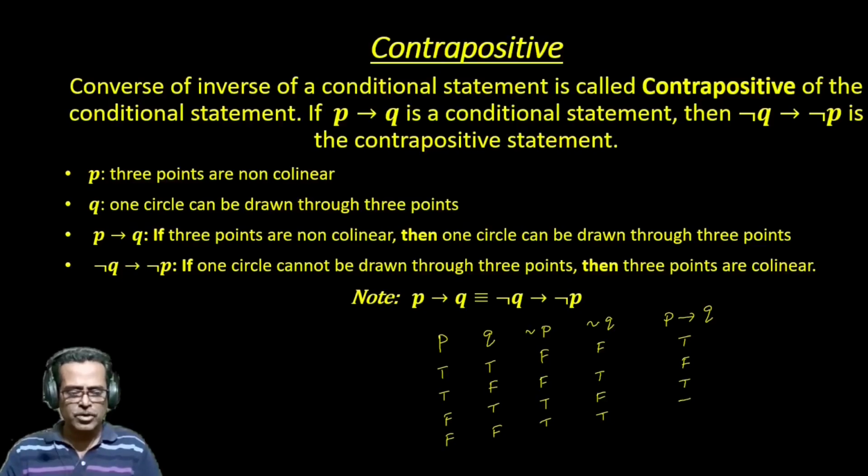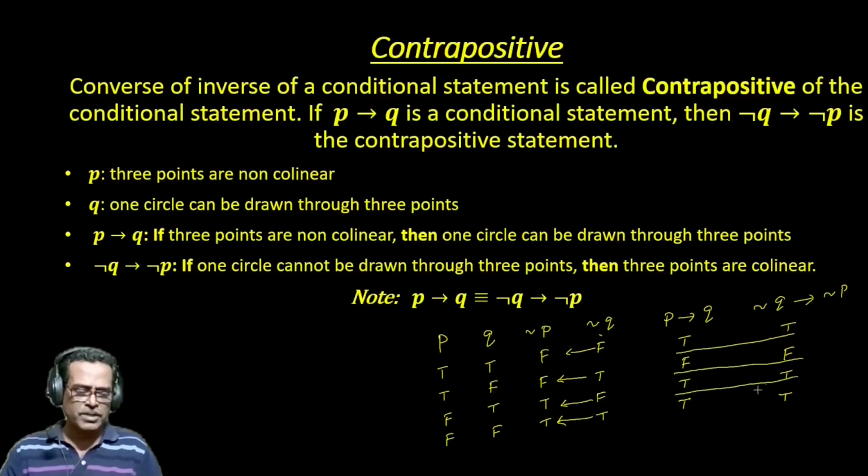Now not Q implies not P: F implies F is true, true implies F is false, F implies true is true, and true implies true is true. So, if you observe it, all the truth values are the same. So, we can say that this is equivalent to this.